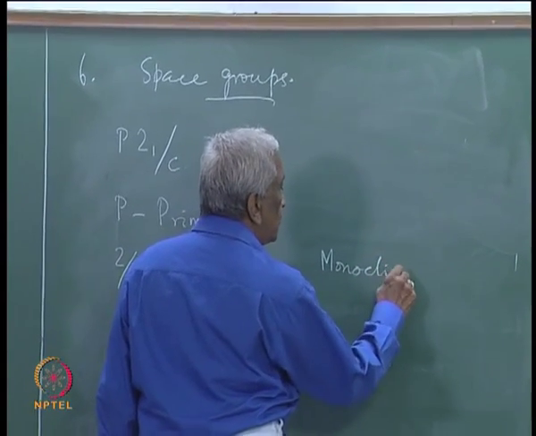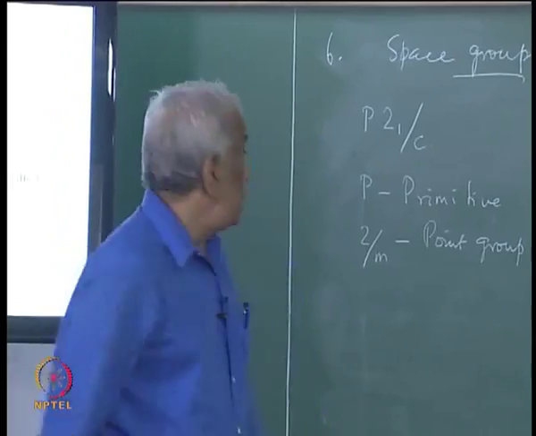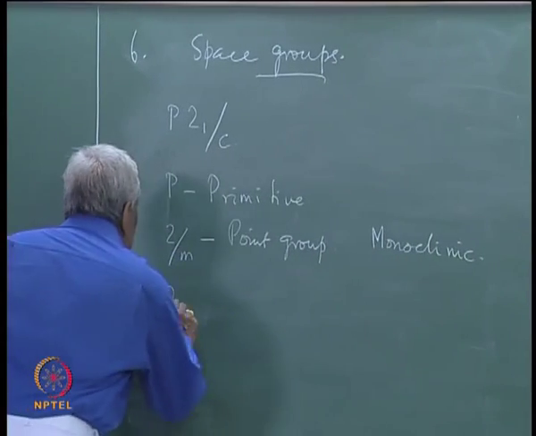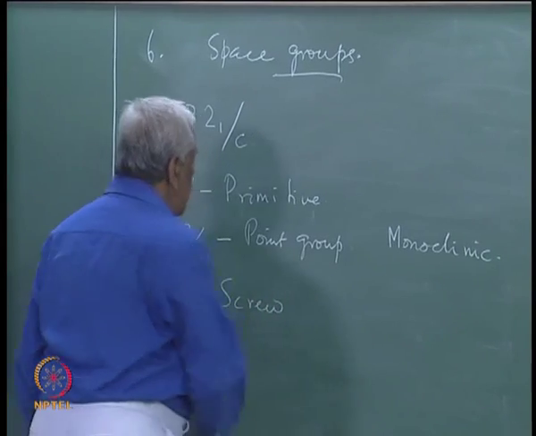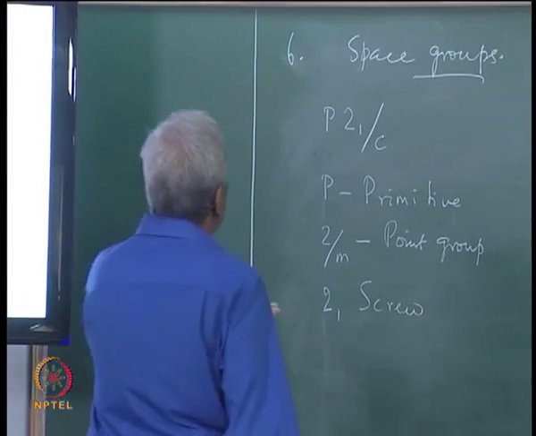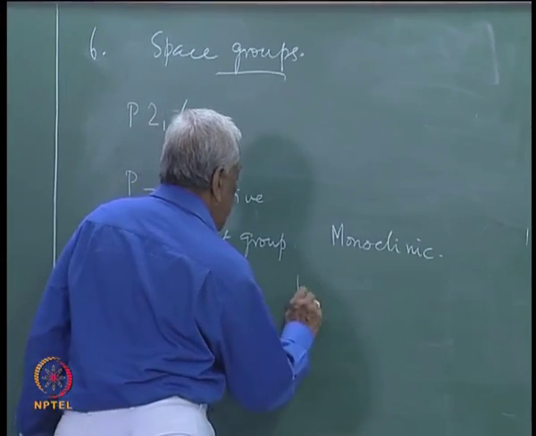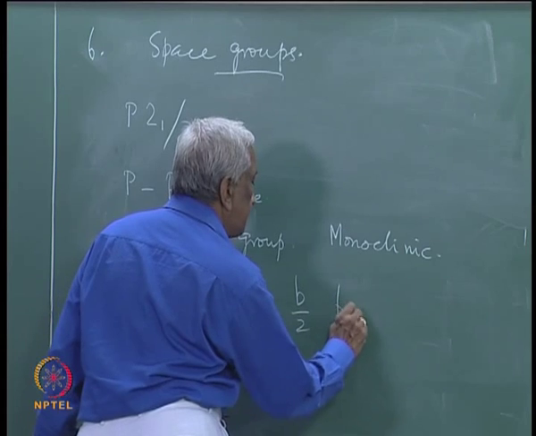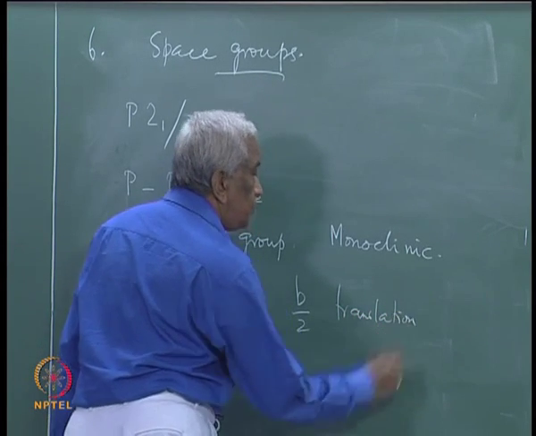The Bravais lattice is a monoclinic primitive, and you have a 2-1 screw instead of a pure 2-fold axis, which means that there is a twofold axis followed by a translation component, which is b/2, half the translation along the b axis.